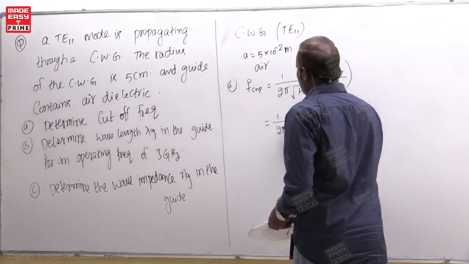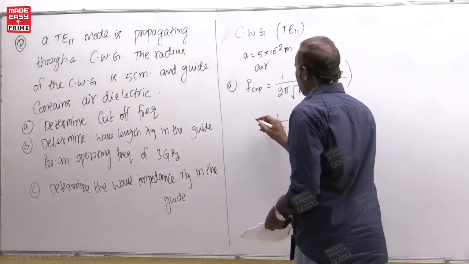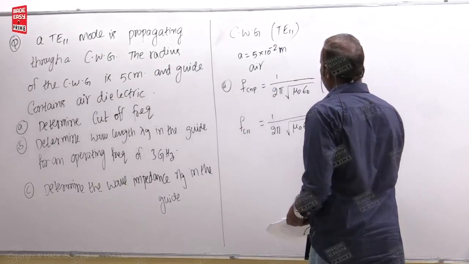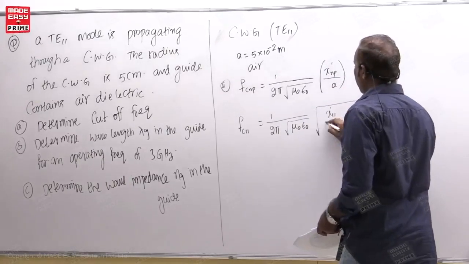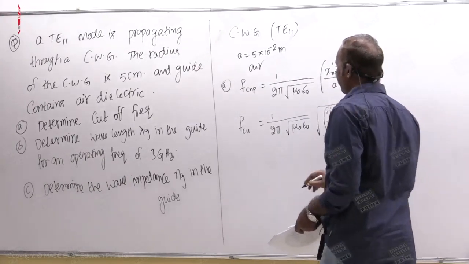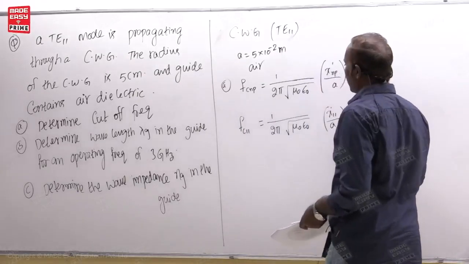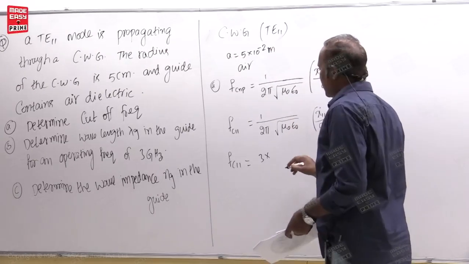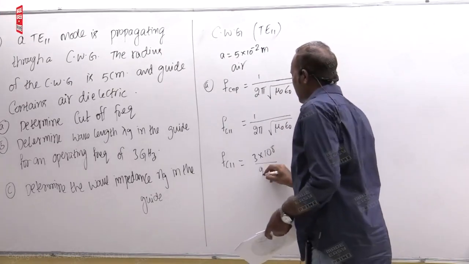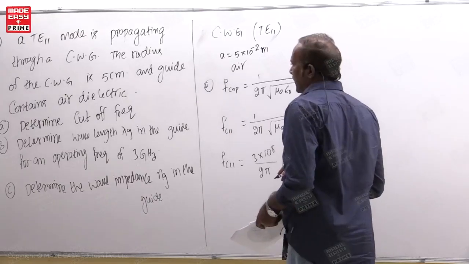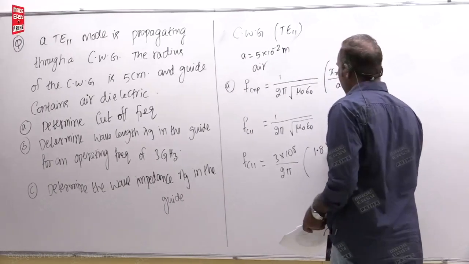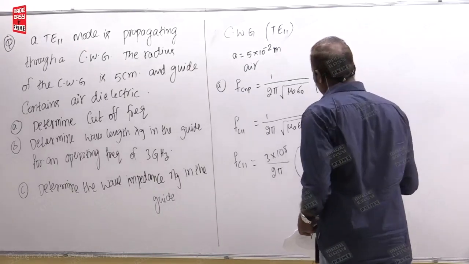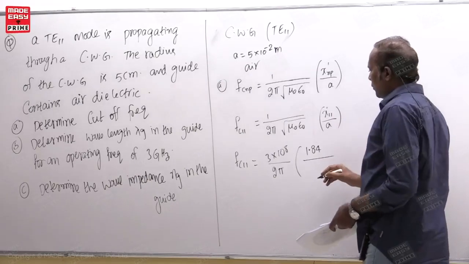So fc11 is equal to 1 by 2 pi root mu naught epsilon naught times x11 dash by a. 1 by root mu naught epsilon naught is c, which is 3 into 10 power 8, divided by 2 pi. This value is 1.841, but I wrote only up to 2 decimals, 1.84.